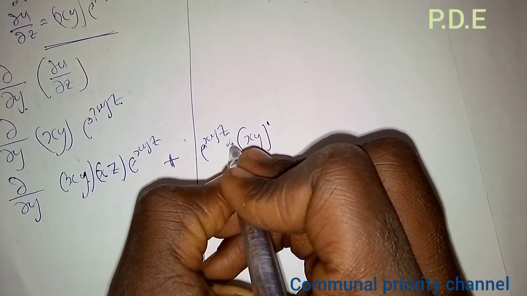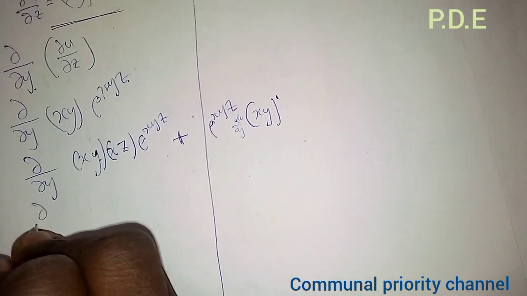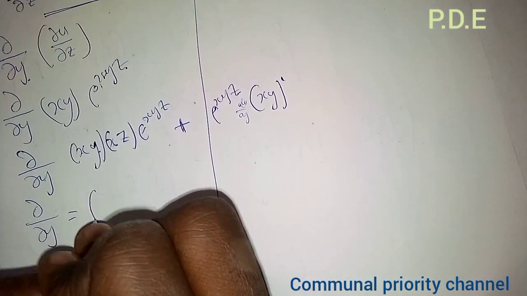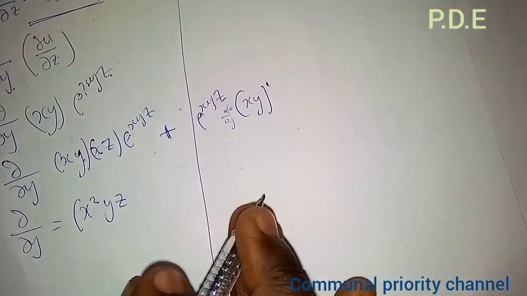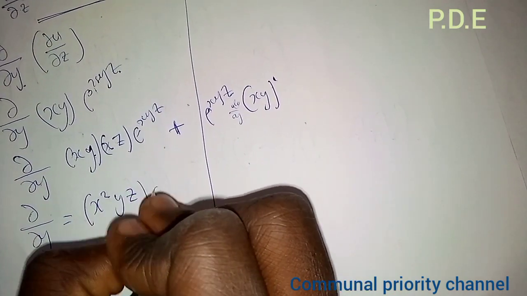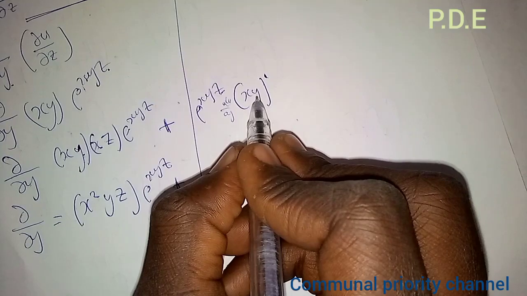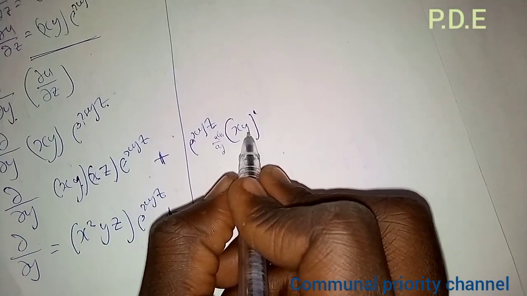If you want, you can put du over dy or just prime. So therefore now our del over del y will be equal to x times x, which will give us x square. Then put your y and z, close bracket, to the power of exponential xyz, plus differentiation of u in respect to y. Y is going to be 1.